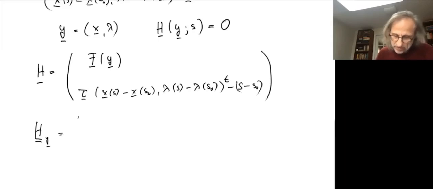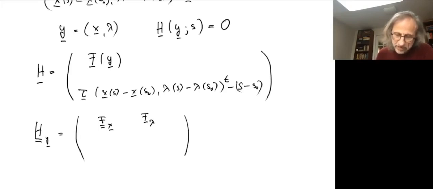And so we get a big matrix where the function f depends on y, which is x and lambda, right? So first we have the derivative with respect to x, which is a matrix, the original Jacobian. And then we have this vector, the derivative of f with respect to lambda.